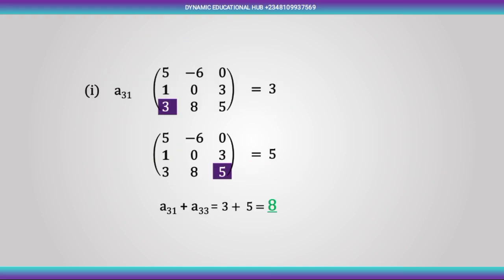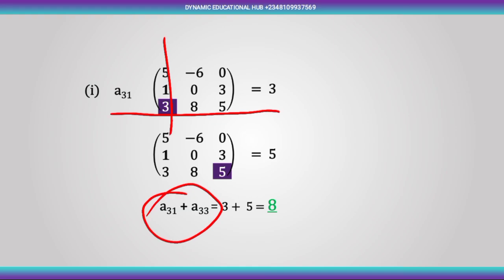For question 2, we want to find the value of A31 plus A33. So we are adding the two elements together. Now let's find the elements that correspond with those positions. A31 means the third row and the first column, which corresponds with 3. So 3 is the element in A31.